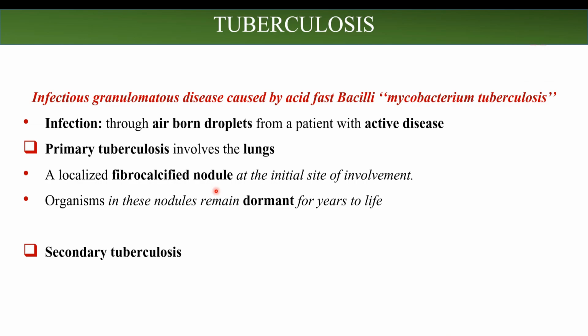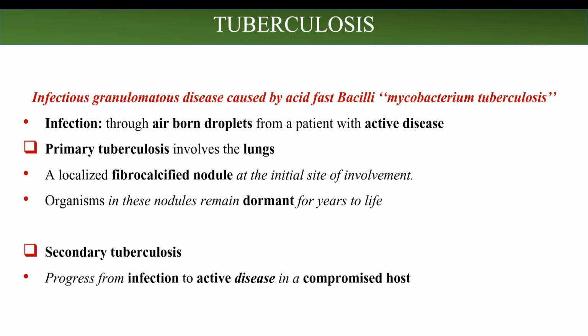Organisms in these nodules will remain dormant, that is inactive, for years. Secondary tuberculosis basically progresses from infection to active disease in a compromised host. Whenever the immunity is compromised, for example, the dormant infection becomes an active disease.